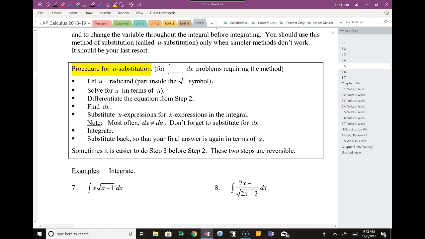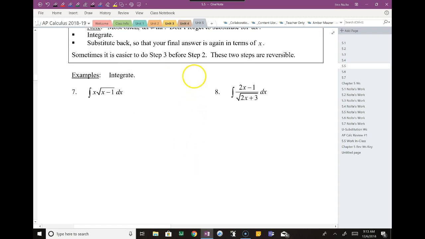Your second step is to take that piece you just identified, solve for x, differentiate it, and find dx. Then you substitute it back into the integral, integrate it, and plug it back in terms of x's. So it's kind of a double substitution.